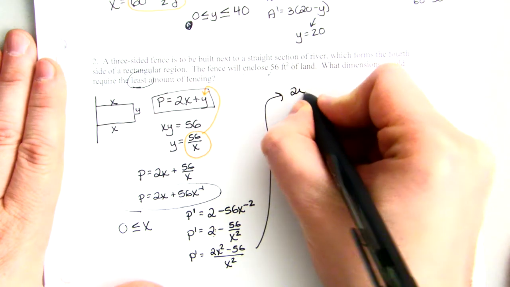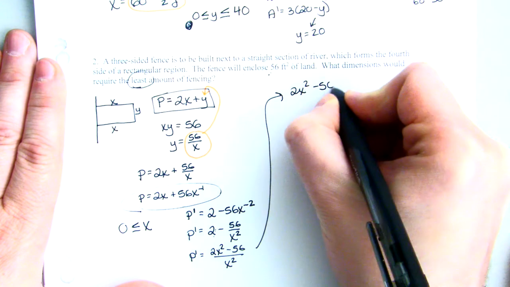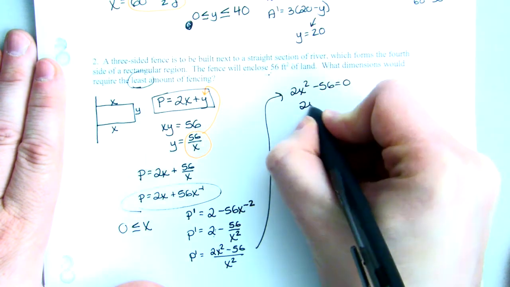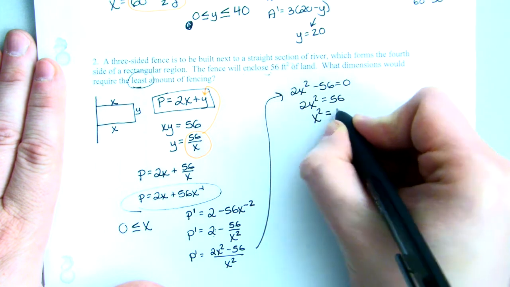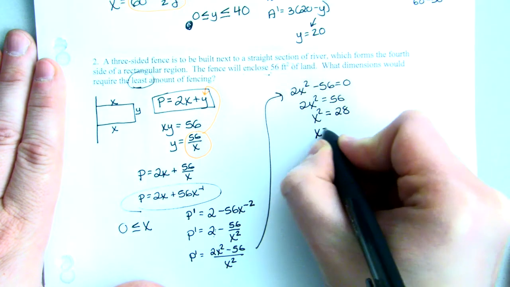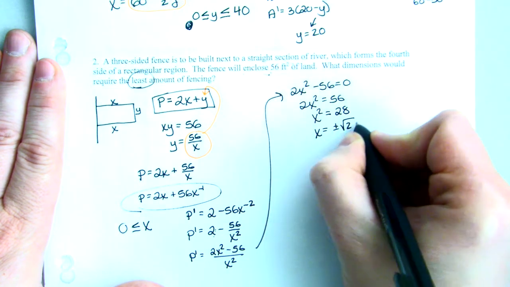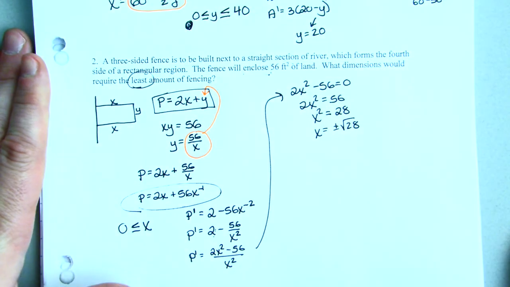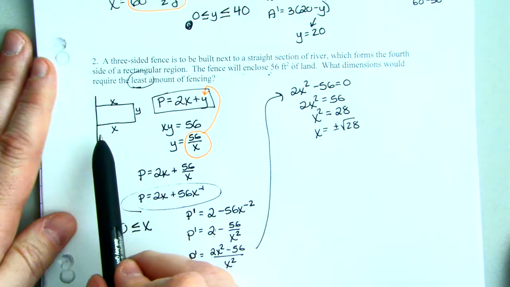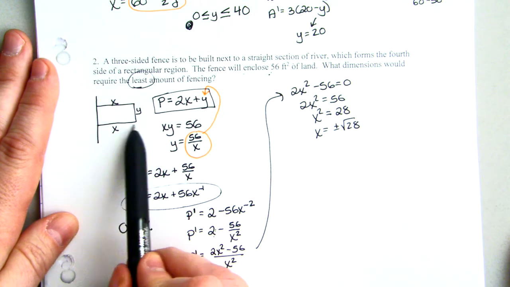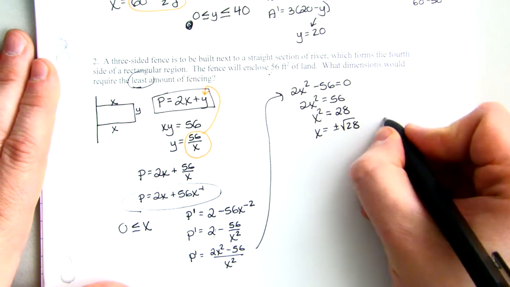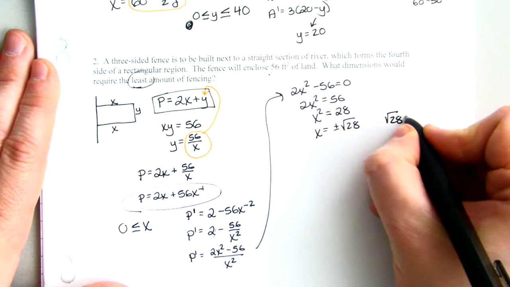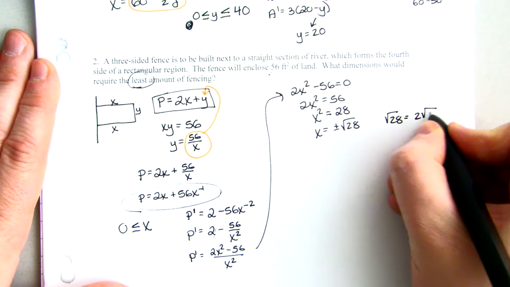But the numerator, let's see, 2x squared minus 56 equals 0. 2x squared equals 56. X squared equals 28. X equals plus or minus square root of 28. However, since x is a dimension, it doesn't make sense to say the length of the side is negative root 28, so we're just going to go with positive root 28. Or I suppose we could say 2 root 7.